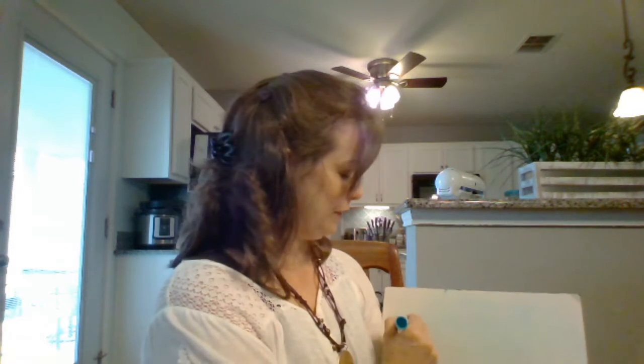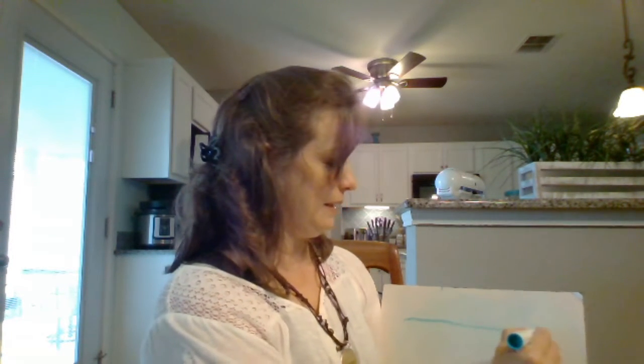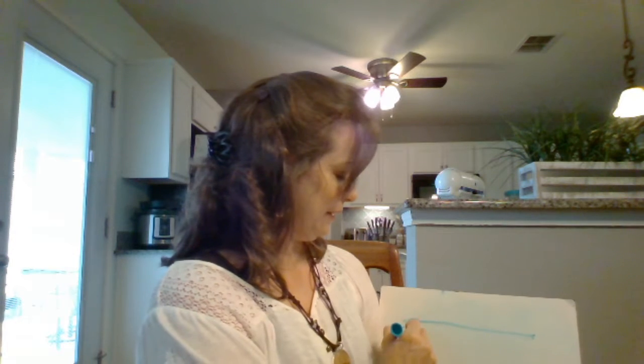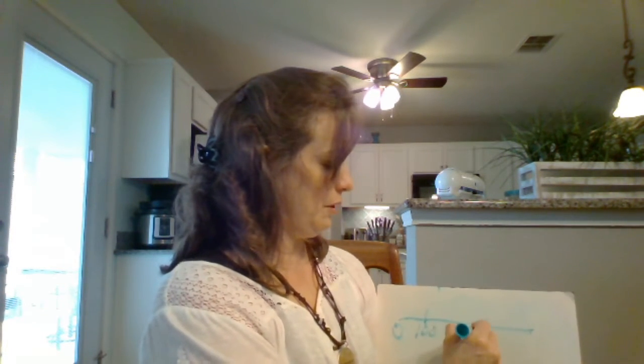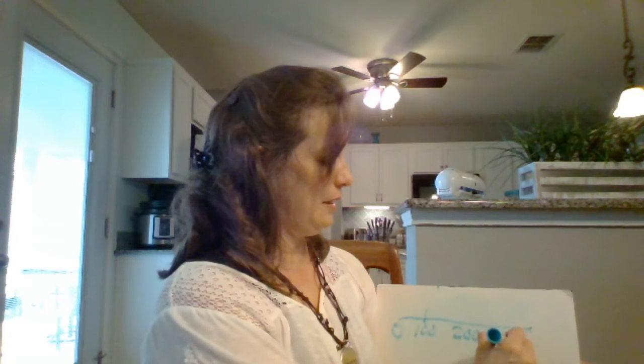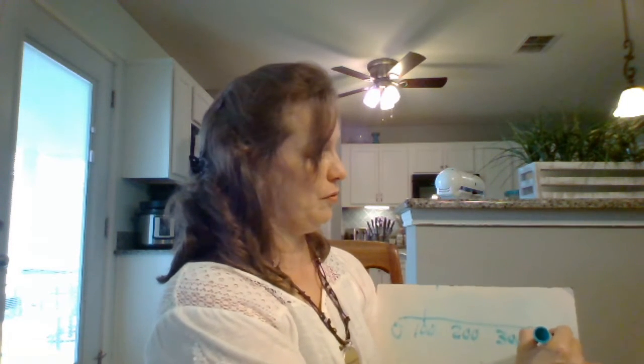It says use the clues to picture and write the numbers. It says 100 less than 300. So if I drew a number line and I counted by hundreds, I started at 0, 100, 200, 300, 400.